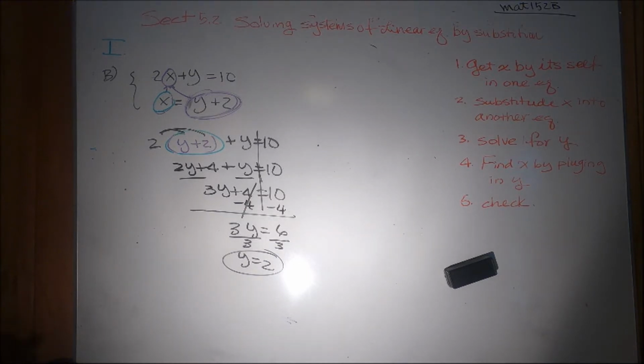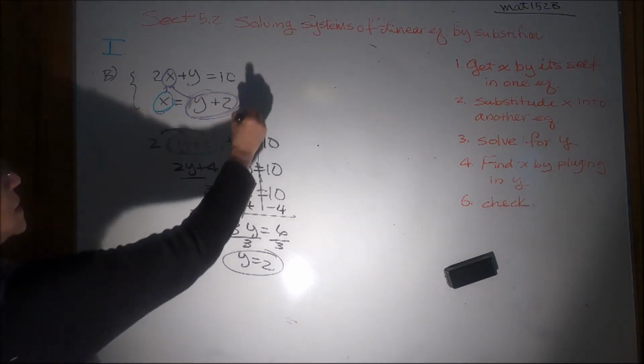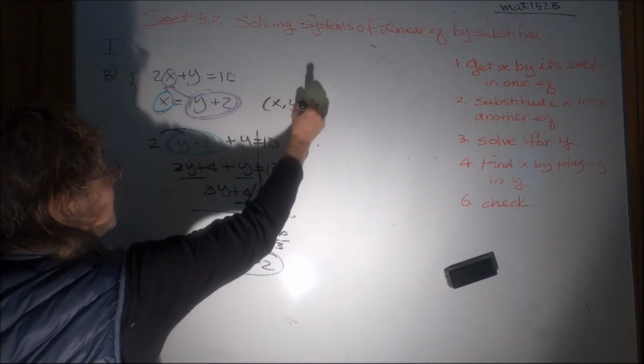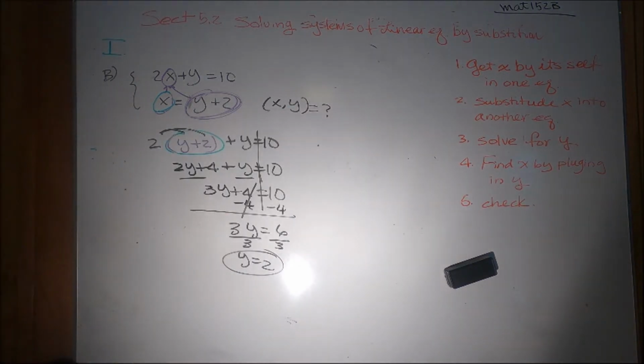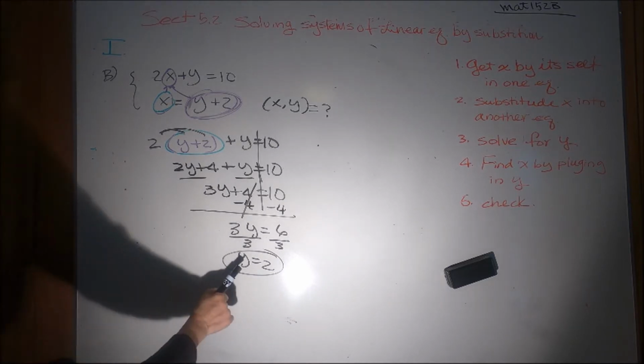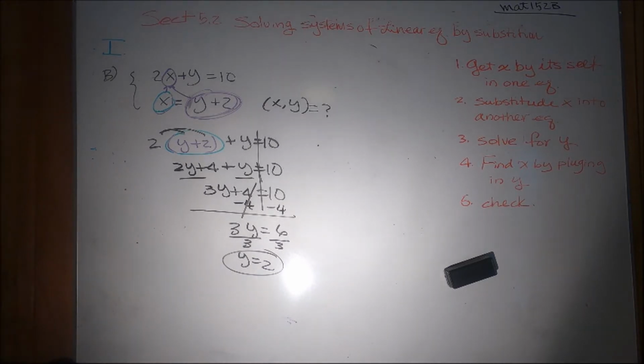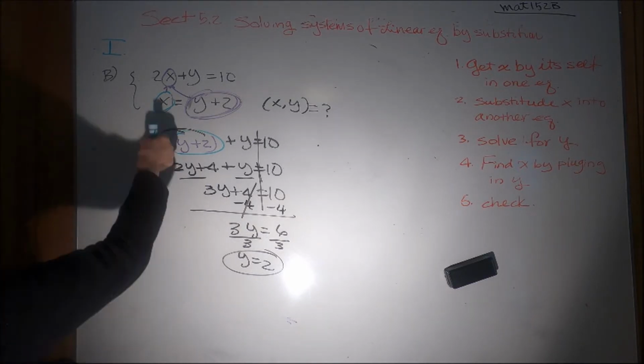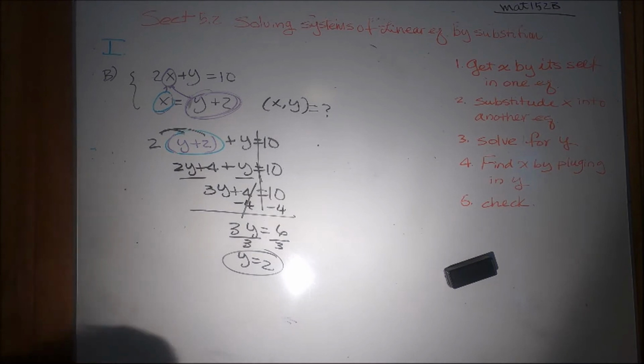What was the question? Solving. Find the value of x and y. That's what we try to do. So we have y now. Then we need to find out what x is. So we can just plug in one of them. Either one will work.